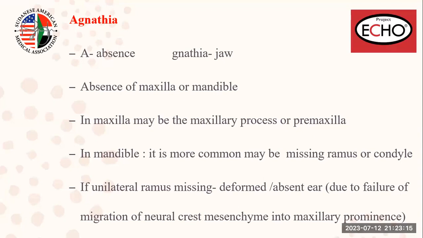This failure of migration will lead to a missing ramus and a deformed or absent ear, because these neural crest cells are responsible for the formation of this part of the face, which is the ramus of the mandible and the ear.